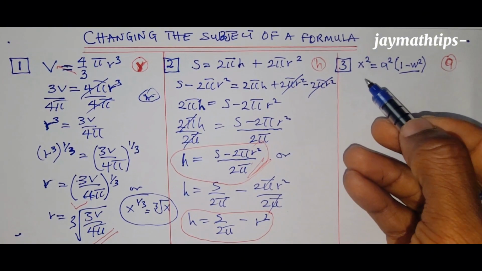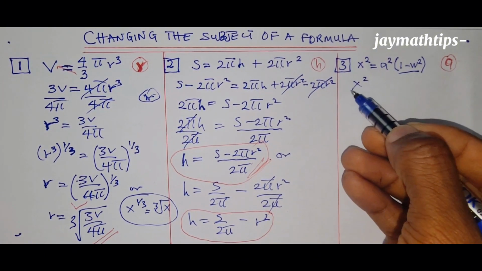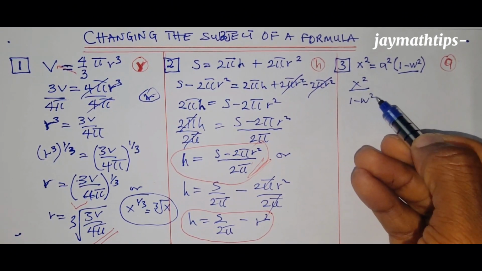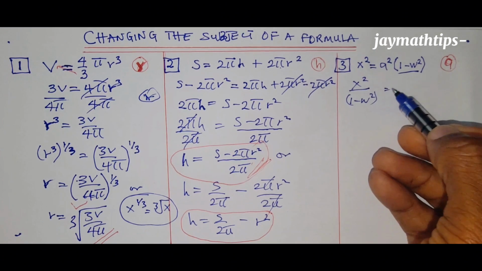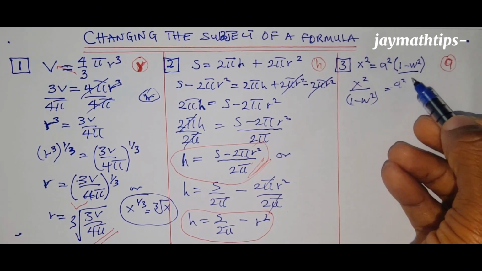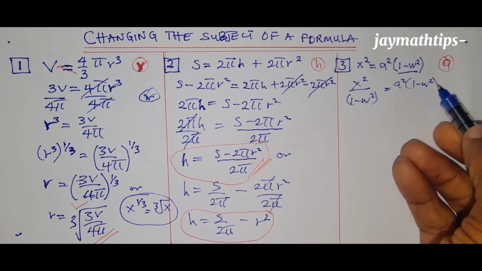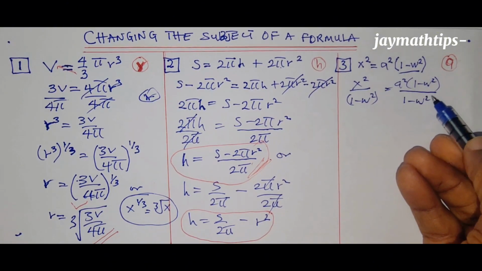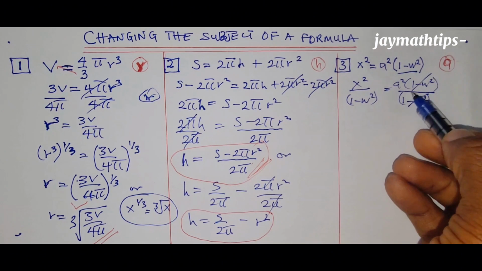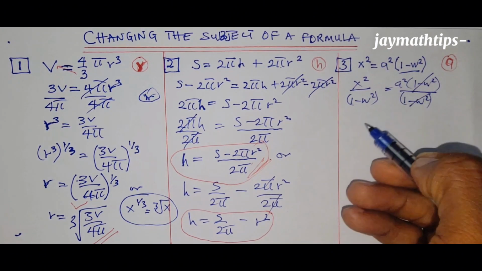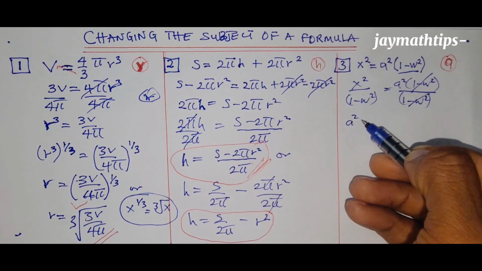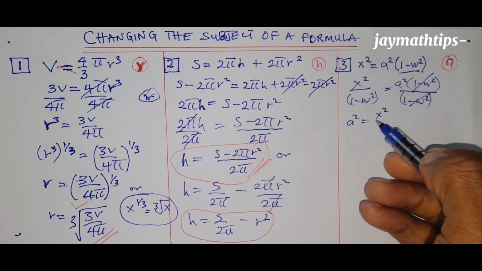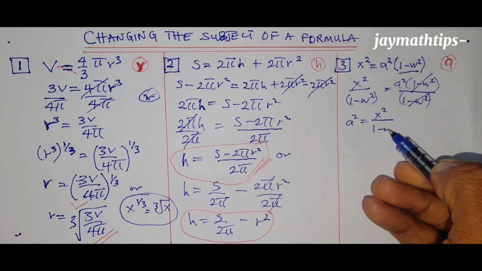When you do that, you have s squared divided by 1 minus w squared equal to a squared into 1 minus w squared divided by 1 minus w squared. And this one here will cancel out. We are left with, let me write this very one this side, a squared equal to s squared all over 1 minus w squared.